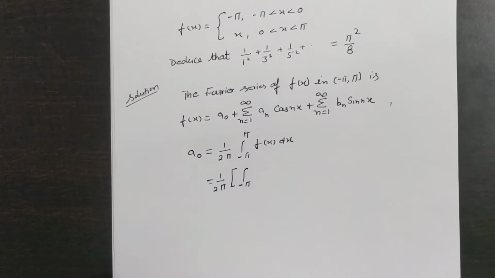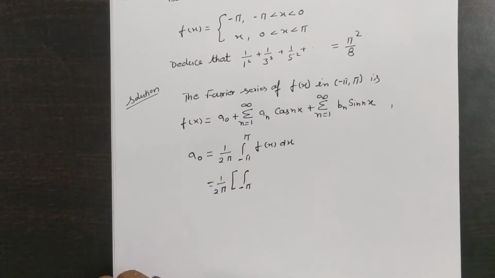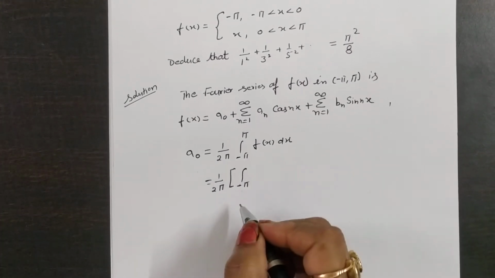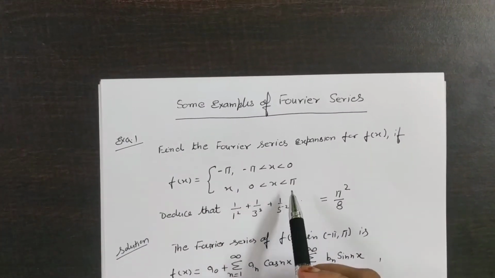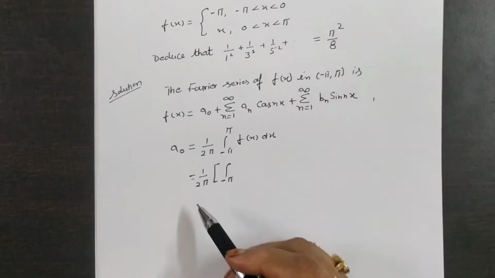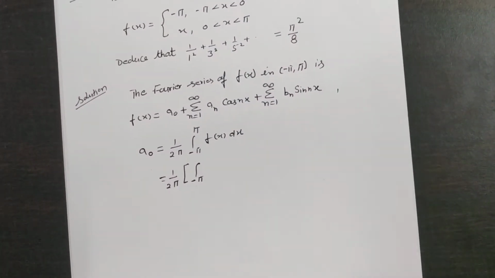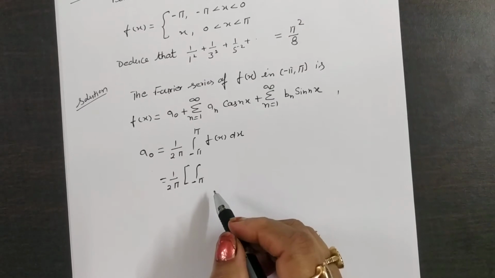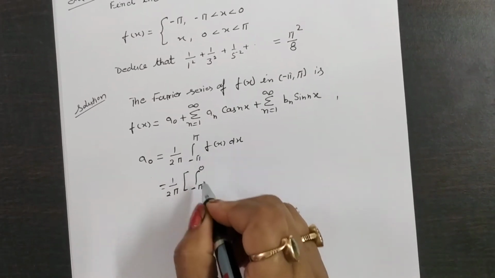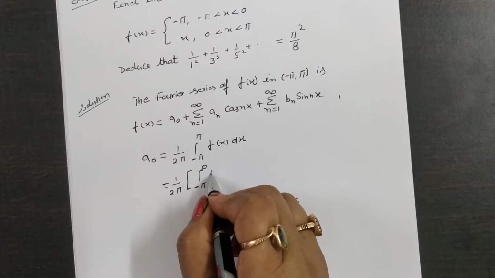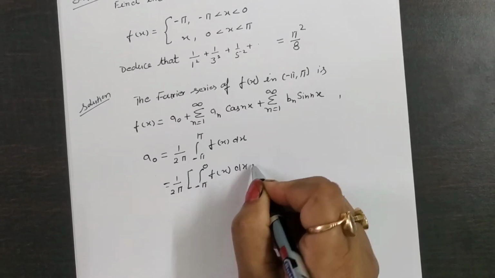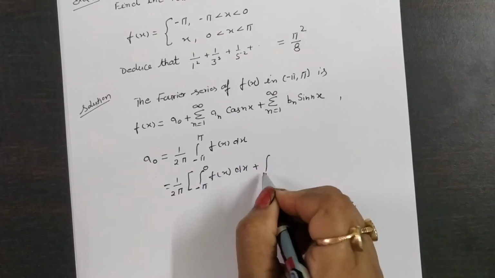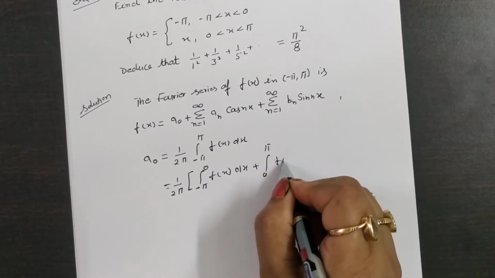From the definite integral property, integral a to b of f(x) dx is a to c plus c to b. We apply it here, taking the interval minus pi to 0 and then 0 to pi. So this can be written as 1 by 2 pi, integral minus pi to 0 of f(x) dx plus integral 0 to pi of f(x) dx.